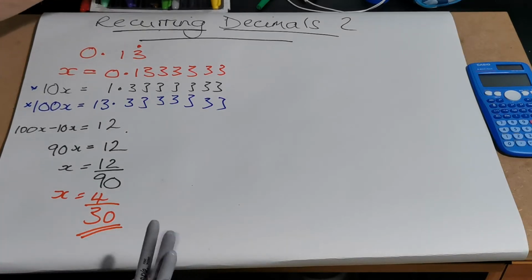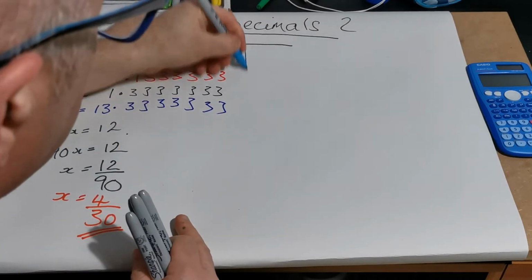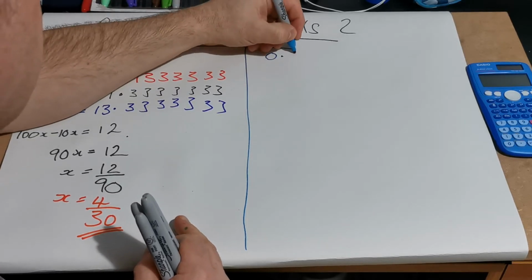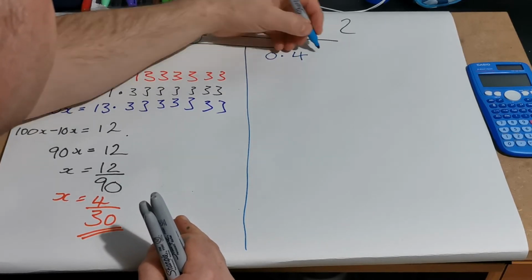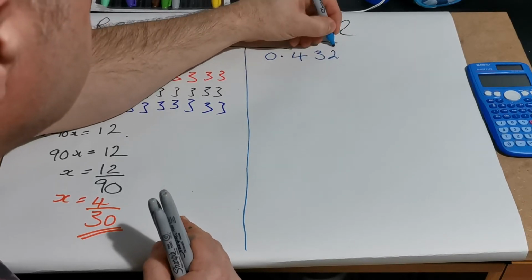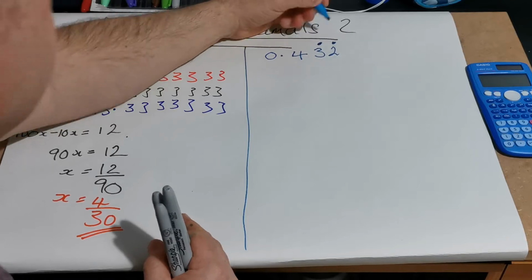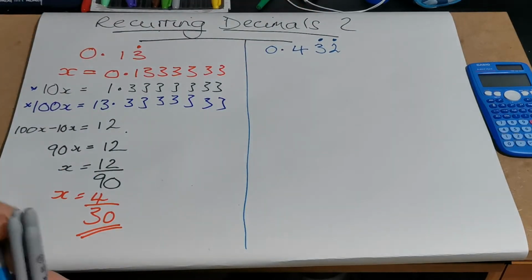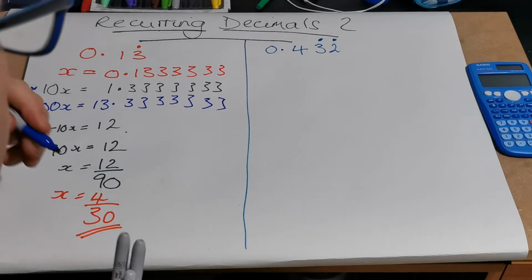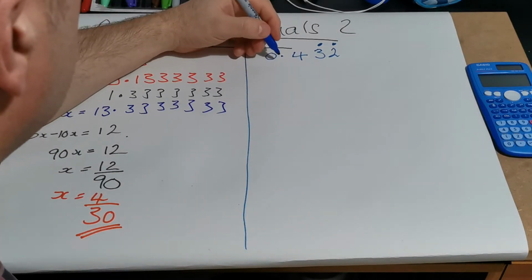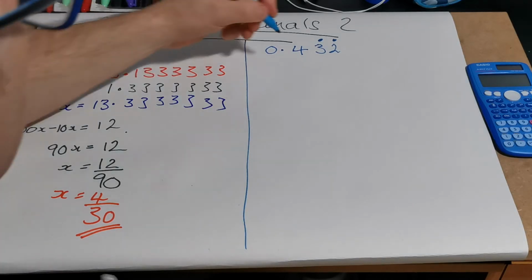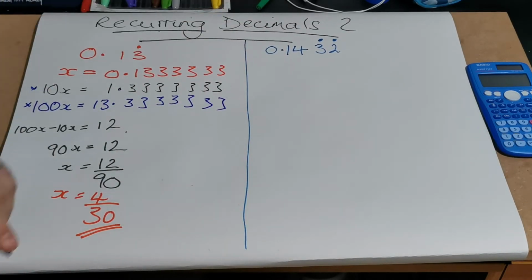Looking at an even more complicated one, let's push the boat out and go for 0.1432, with the 3 and 2 recurring.